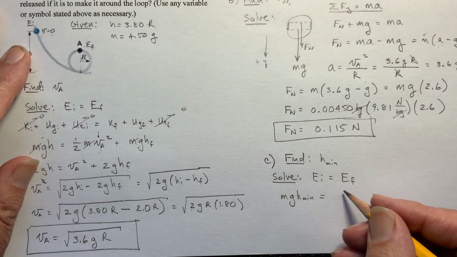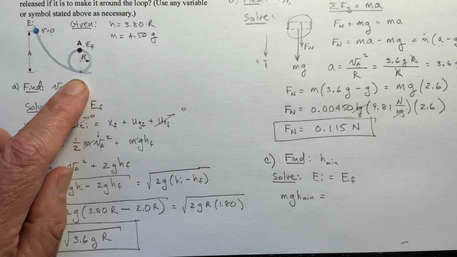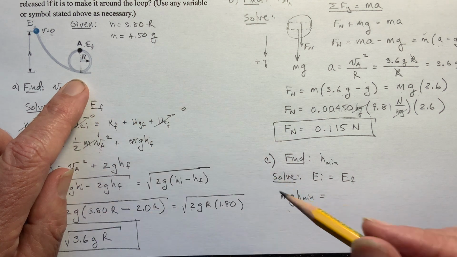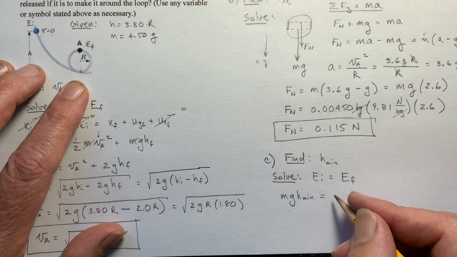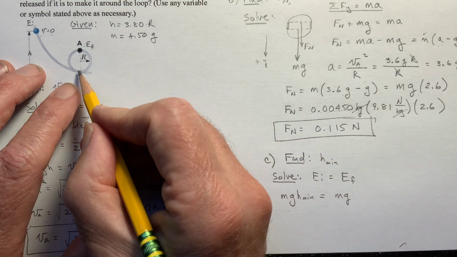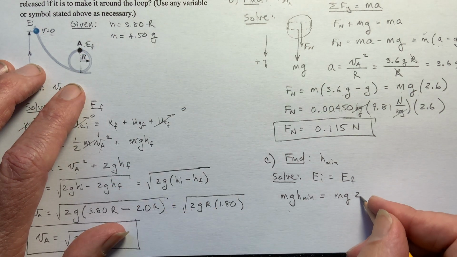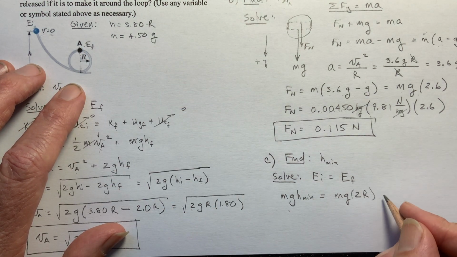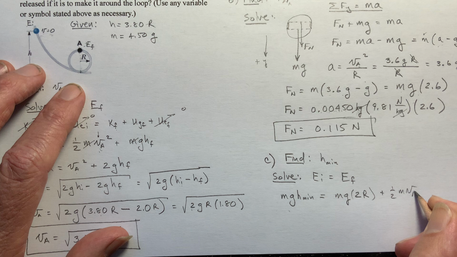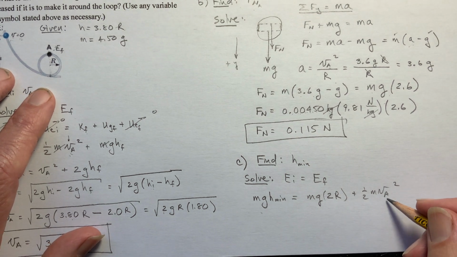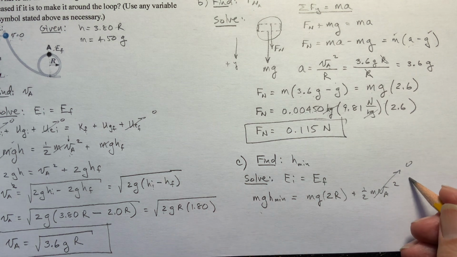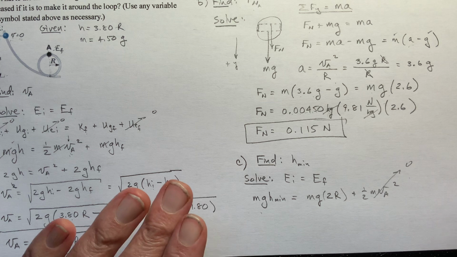And this is going to be equal to, well, when you get up here, I'm going to say that it has mg, and then its height is 2r. And its kinetic energy is 1/2 mva squared. But I'm going to say that this velocity is just barely greater than 0. So it approaches 0, and you can just treat that term as 0.